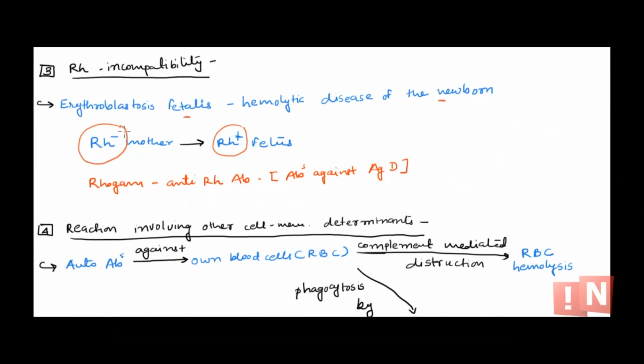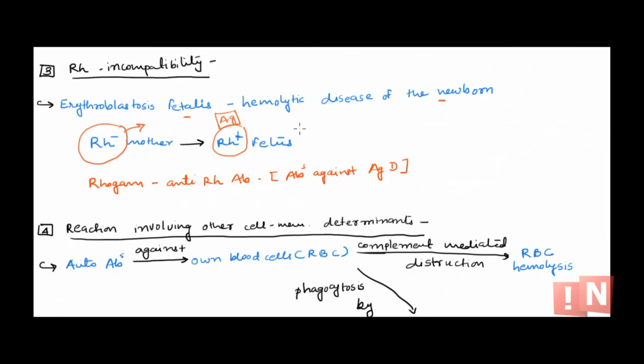Since the mother is Rh negative and the fetal blood has Rh positive cells, it will be recognized as an antigen by the mother's immune system, and it will eliminate this Rh positive antigen, creating memory B cells.